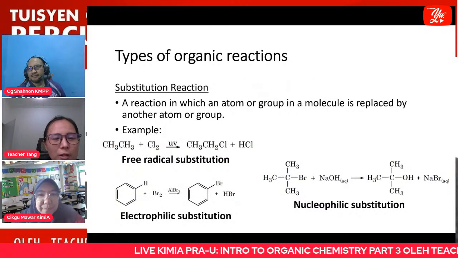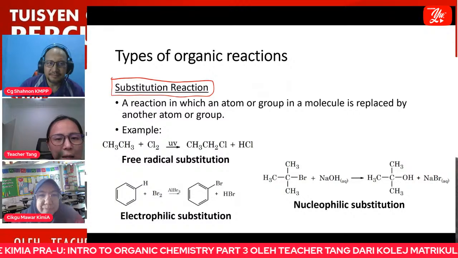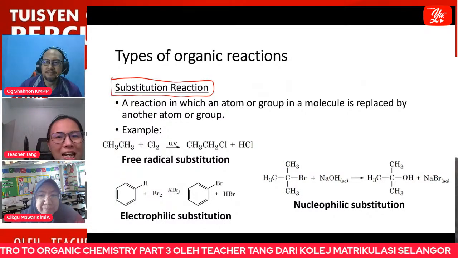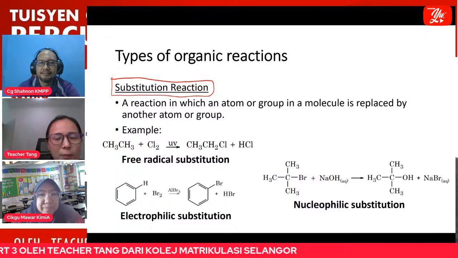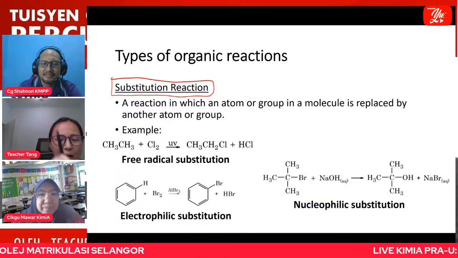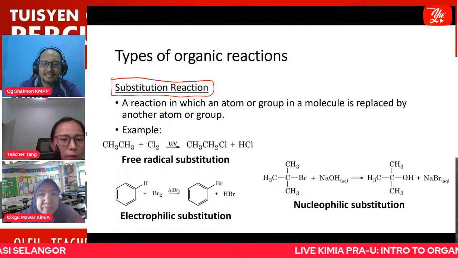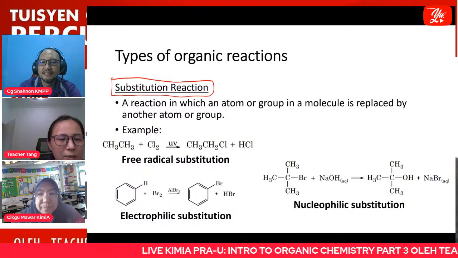Another type of reaction is called substitution. For substitution, there will be no change in degree of saturation, meaning that if all single bond, at the end the product will all be single bond. Only one atom or a group of atoms will be replaced by another atom or group of atoms.